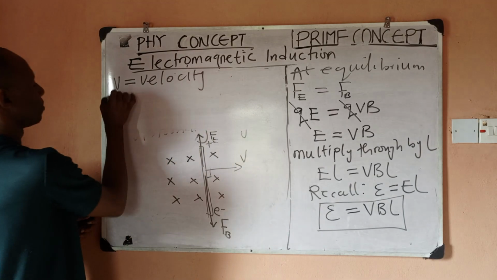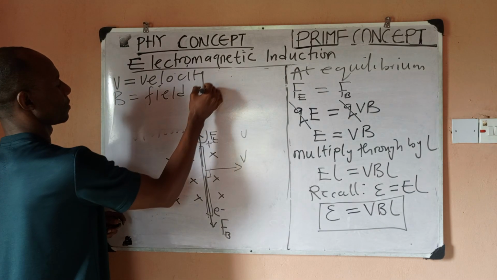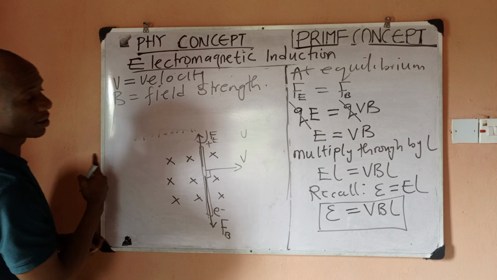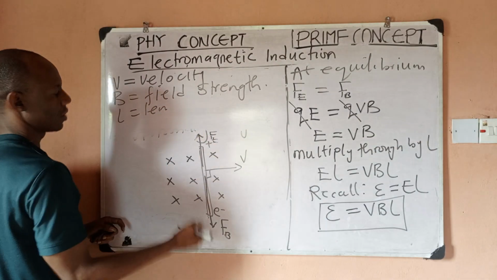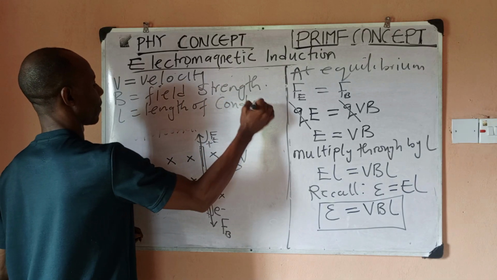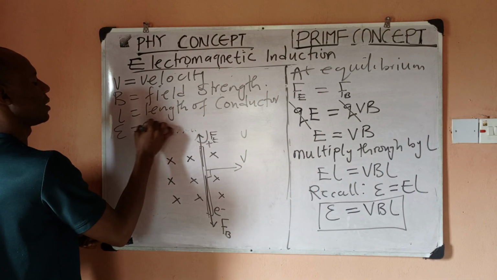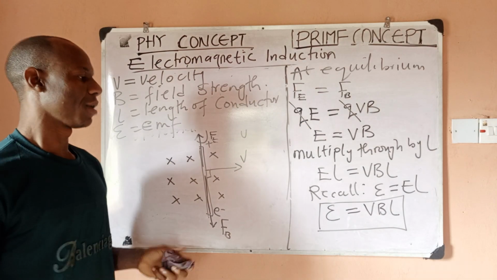B is the magnetic field strength. L is the length of the conductor. And this, of course, is the EMF, that is the motional EMF, right?